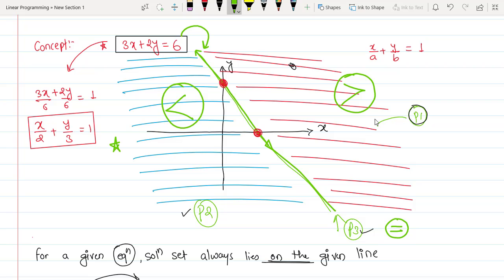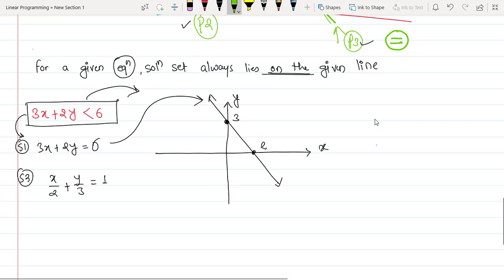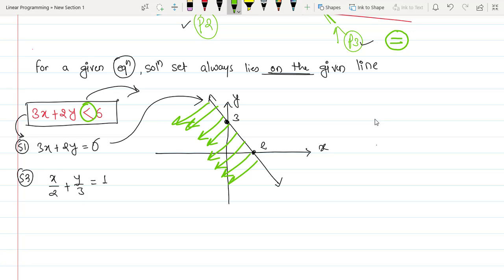Once you understand this topic, it is done, boss. Less than, greater than and equal to. If you understand this, you will score full marks in this topic. Now what do we have here? Less than. So less than means below the line, and greater than means above the line. So we get below the line. This is the solution set for the given inequation.